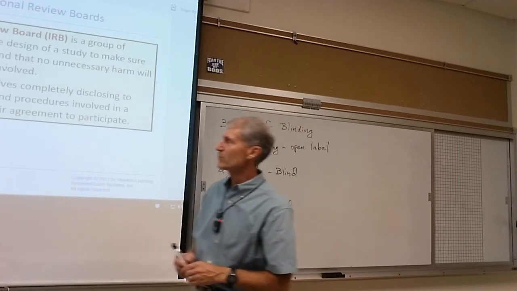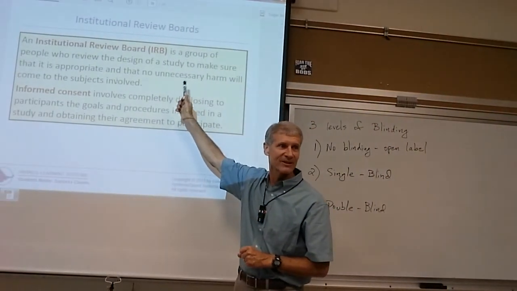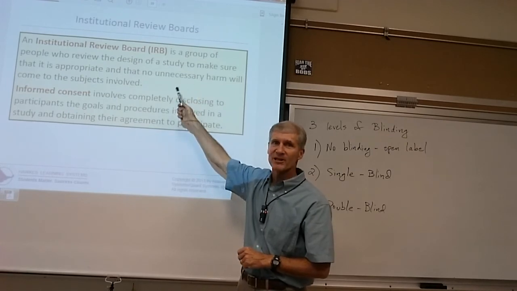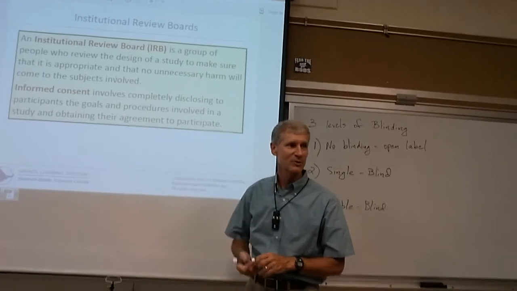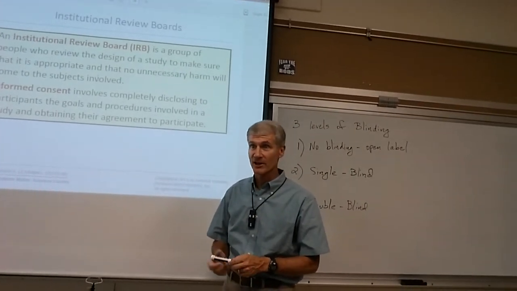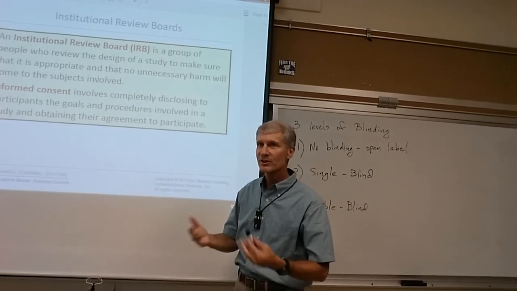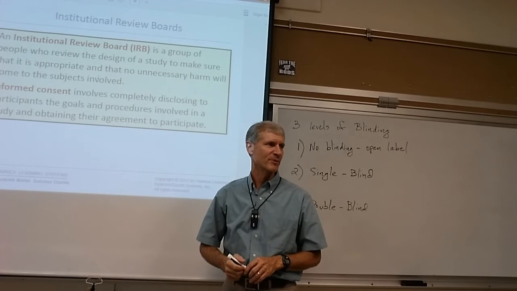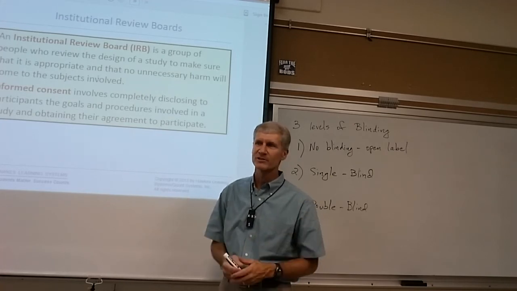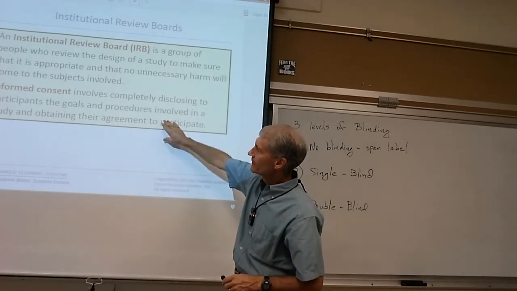Right? So every research institution has an IRB, including Washburn University. We do research, so we have an IRB that looks over every study. And even as a student, if you want to do research in your psych class or whatever, you're going to have to get approval by the IRB to do that. Most of the things that students do, they look at and go, well, there's no potential for harm here. Right? All you're doing is asking them questions about, you know, their feelings on stuff. You're not going to hurt them.